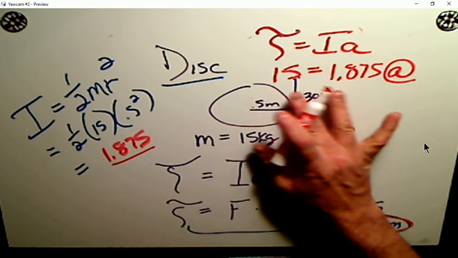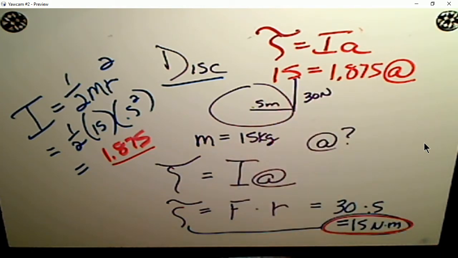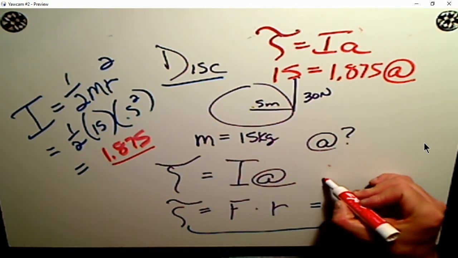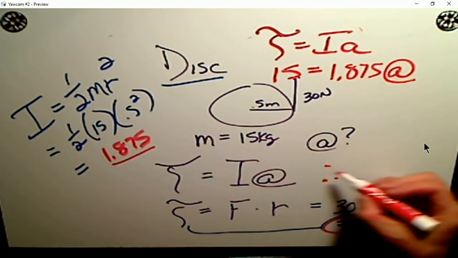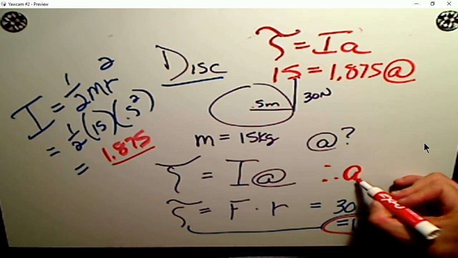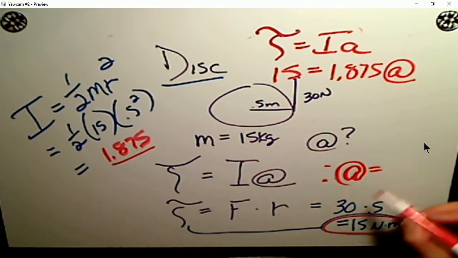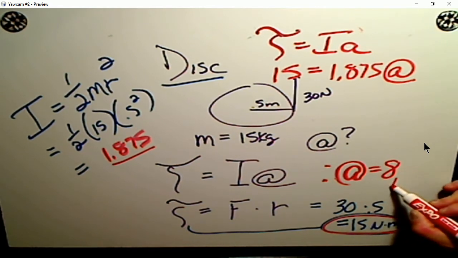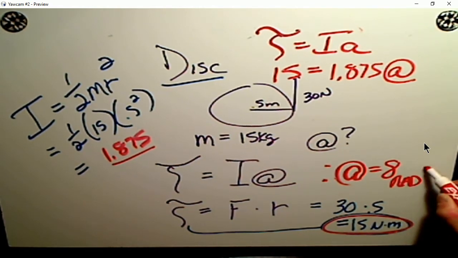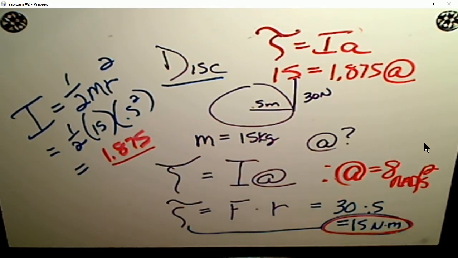Just divide 15 by 1.875. Therefore, alpha is equal to about 8 rads per second squared. Okay, that's just a few examples.